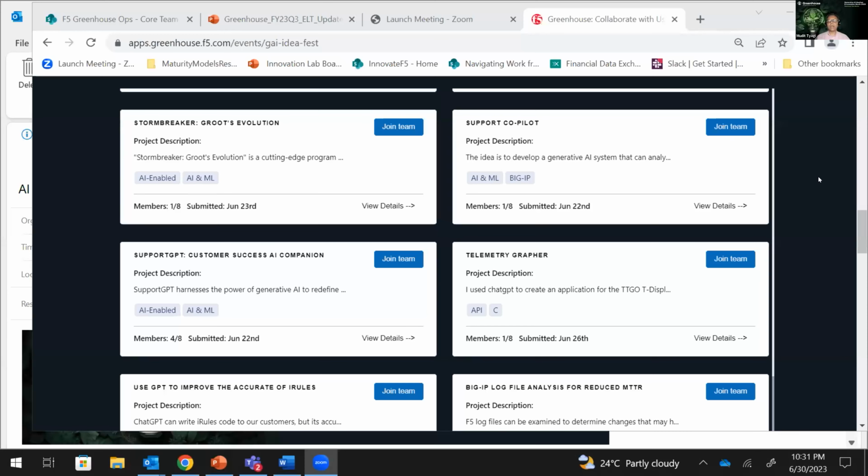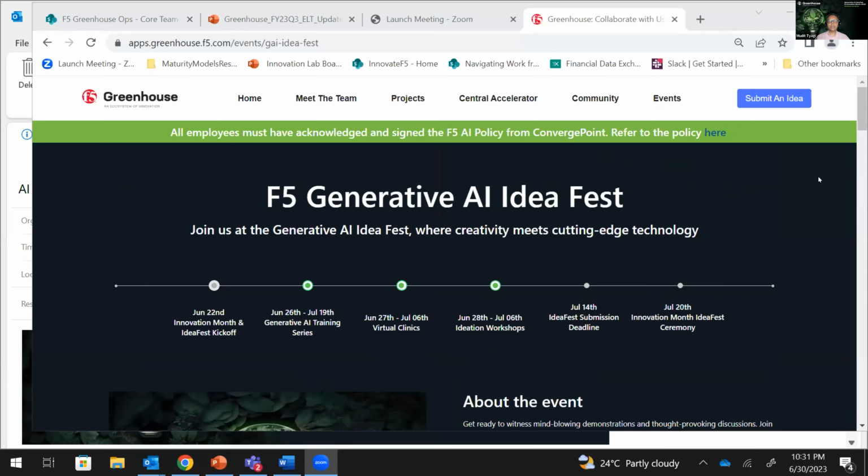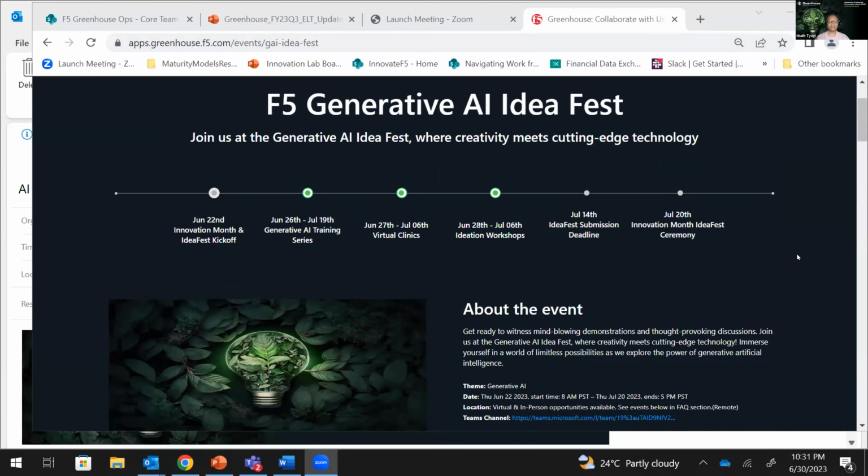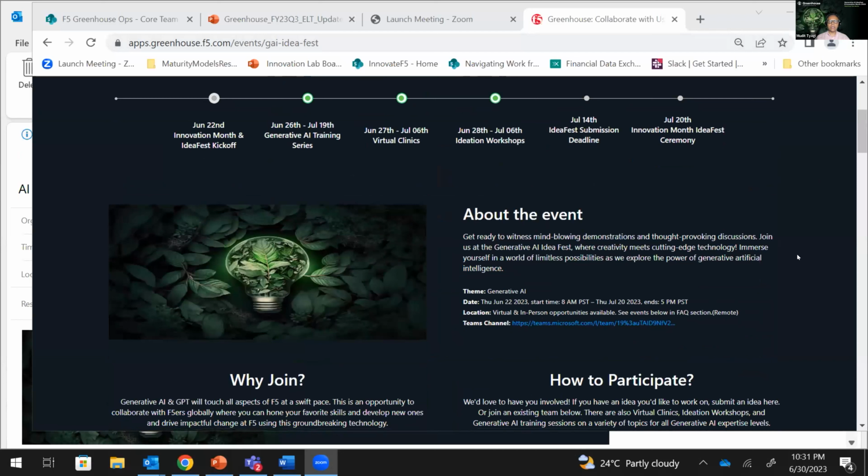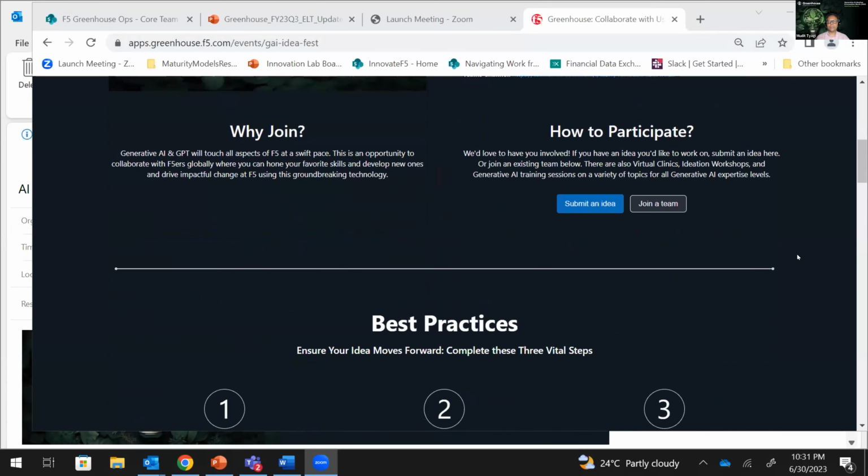Here you see the page that I have been pasting, and I invite the audience to submit their own idea that uses AI in general, generative AI being one AI mechanism.